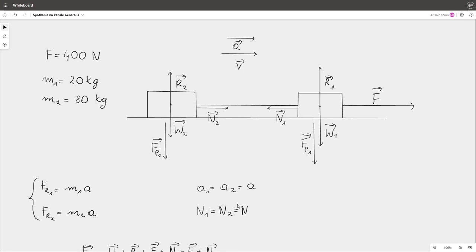The speed of the first body increases, so magnitude of external force F is greater than magnitude of N1 force. We write Newton's second law of motion independently for first and second body. Here and here. Acceleration of first and second body is the same, so instead of a1 and a2, we'll write just a. Instead of N1 and N2, we'll write N.